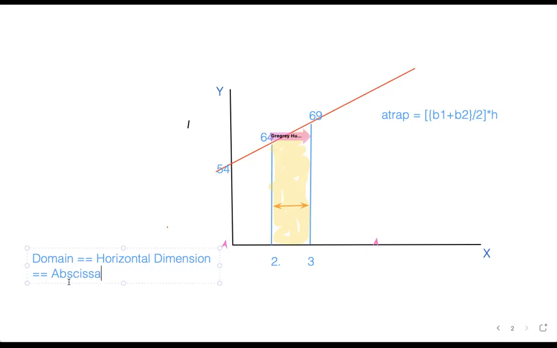So they used this word abscissa. And do you know what they called the vertical dimension? Range? No. Okay, so we say it's the range, or sometimes people say it gives you the value of the function. Those are all fine. But back then they called the vertical dimension the ordinate.